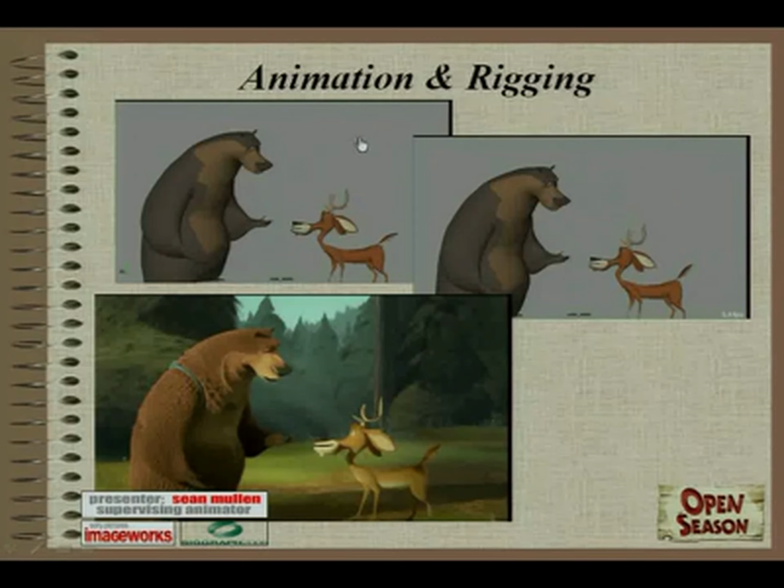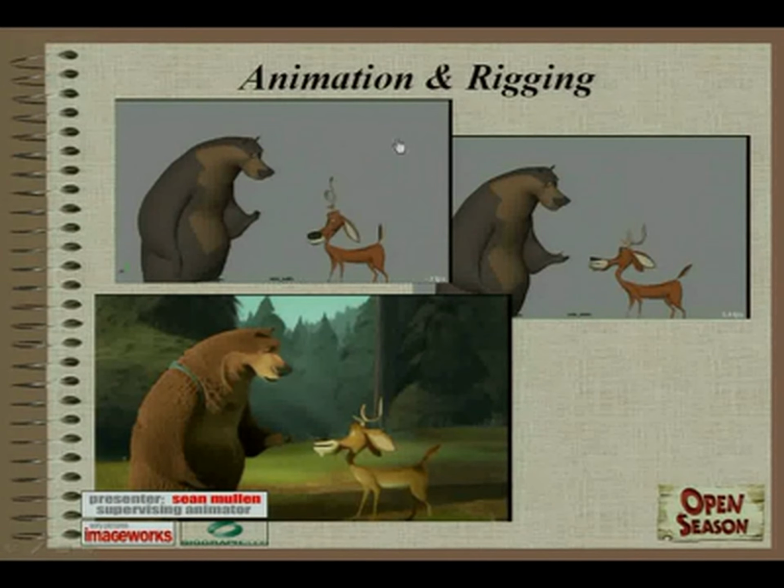So here's a test, this is early on. This is actually a little beyond the first pose test. This has some breakdowns in it that start indicating how the characters are going to get from each pose to the next. But this shows what the tests look like.